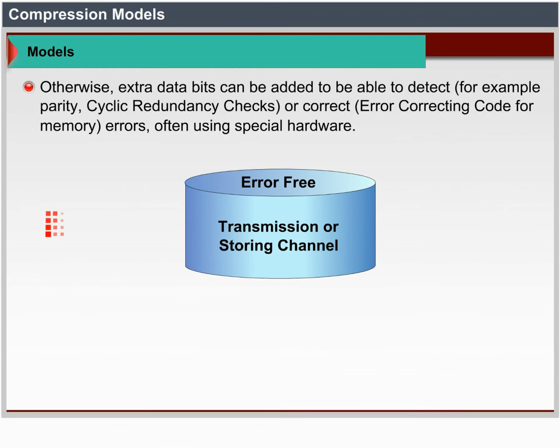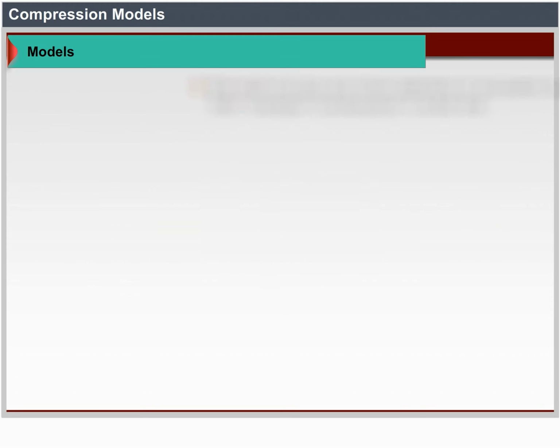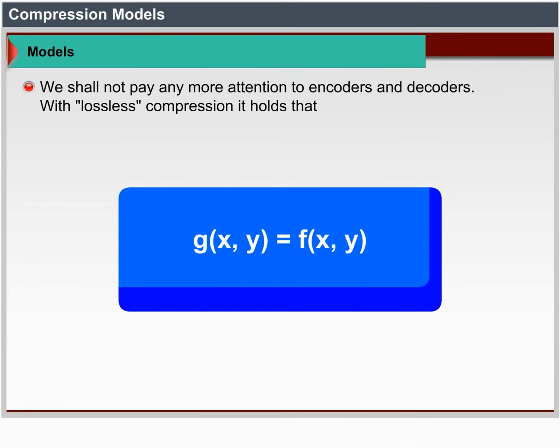Otherwise, extra data bits can be added to be able to detect, for example, parity or cyclic redundancy checks, or correct, with an error-correcting code for memory errors, often using special hardware. We shall not pay any more attention to channel encoders and decoders. With lossless compression, it holds that g(x,y) equals f(x,y).